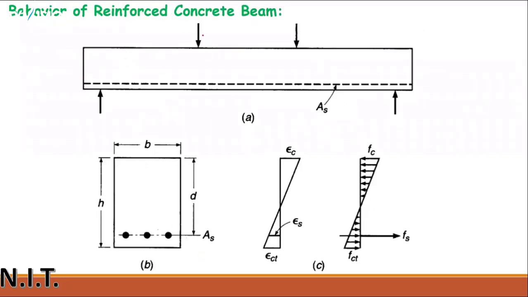The behavior of a reinforced concrete beam can be shown in this picture. This is A, B and C. This A part is the load distribution curve.